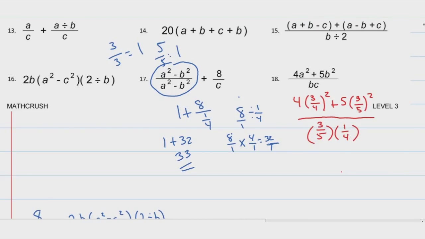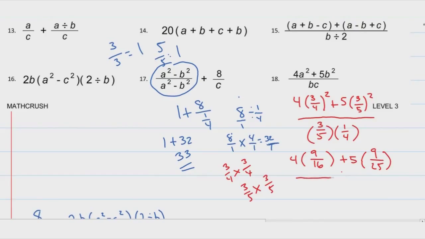So before we start, let's take those fractions to the second power. So we end up with 3/4 times 3/4. And by now, I think you should get it really quick. We end up with 4 times 9 over 16, because I just multiplied really quick, plus 5. And we end up with 3/5 times 3/5, which is going to be 9 again, over 25.